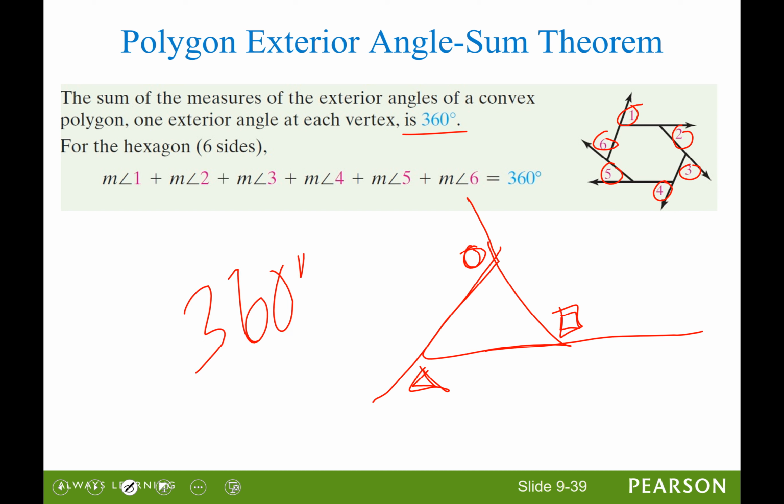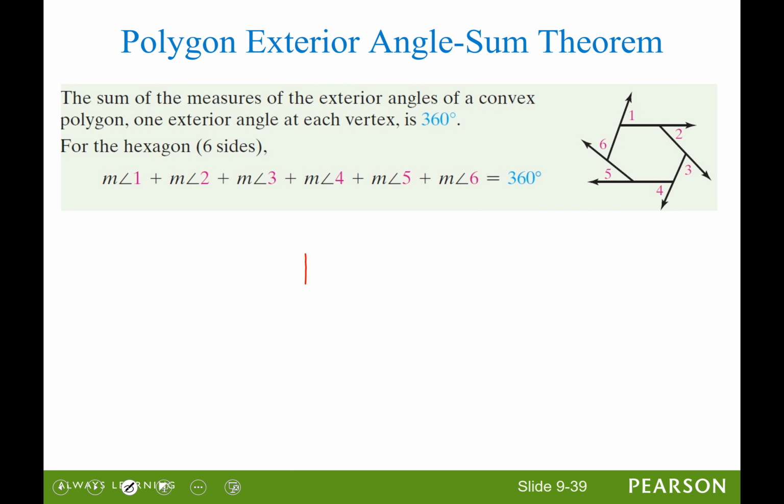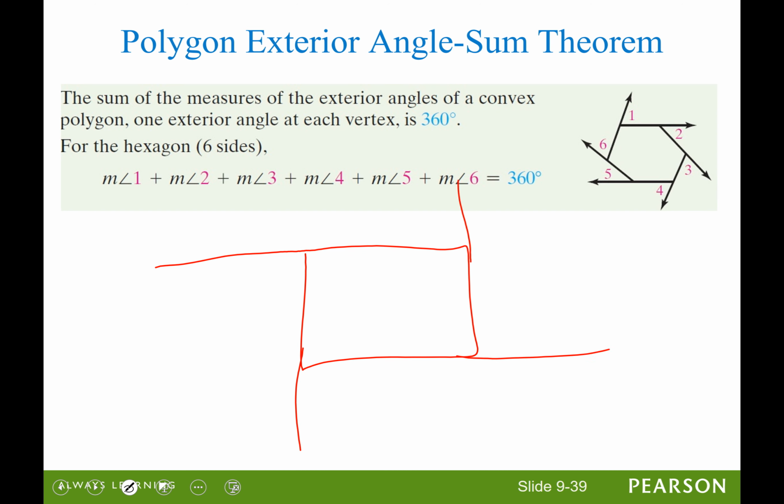It doesn't matter if it has 6 sides or 3 sides, or I'll show you one more. 4 sides like this. Extend, extend, extend, extend. And if you add it up, this measure, this measure, this measure, and this one here, you would get 360 degrees every time.